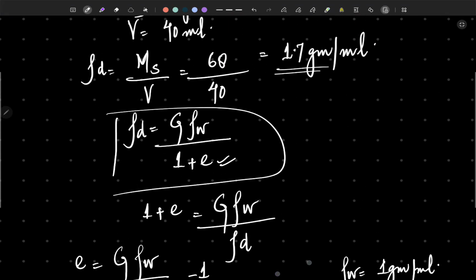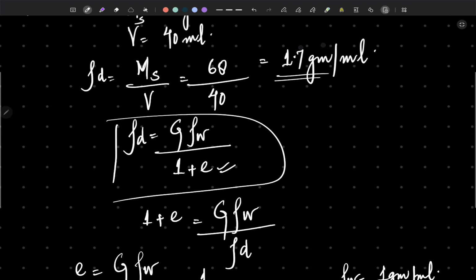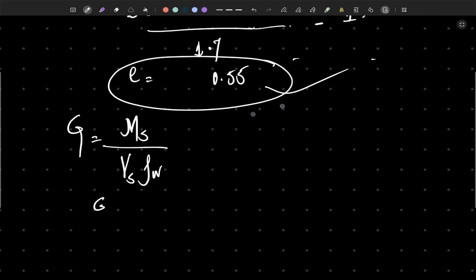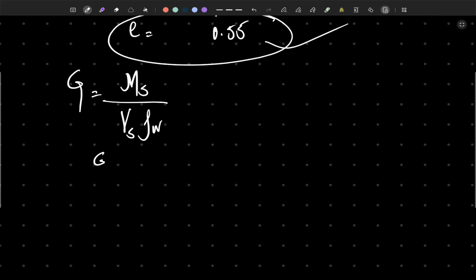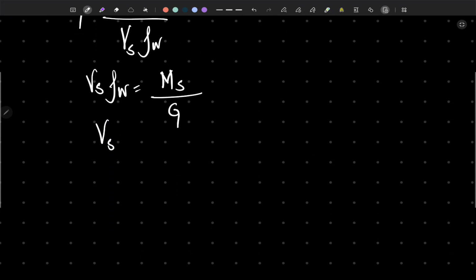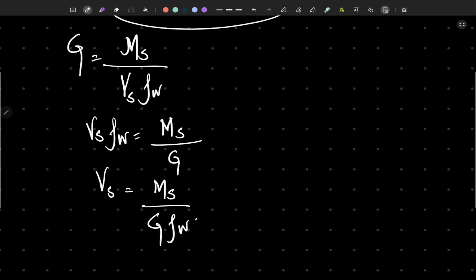How much is the value? It is 2.65. Or let me write this. Volume of soil solids is Ms by G, or volume of solids is equal to mass of soil solids divided by, all right. So this is the expression relating these terms.